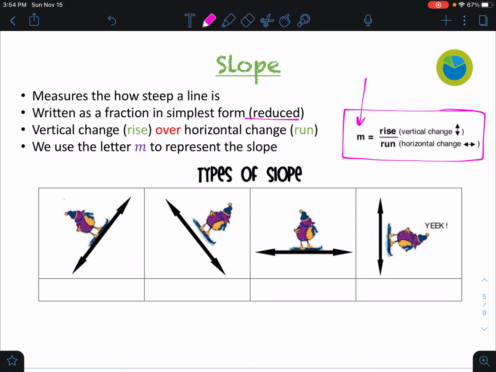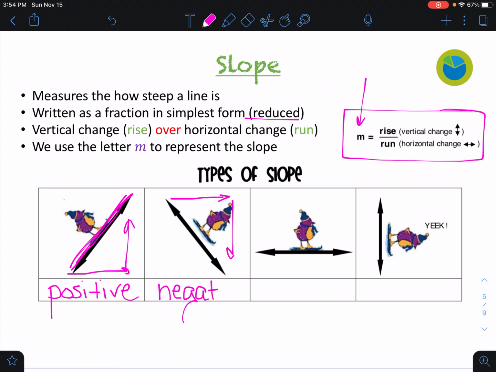Now we have 4 types of slope. This first one, reading from left to right, is going up. So this is a positive slope. Anytime you have a line going like this, you should end up with a positive number. This one, as you go from left to right, is going down. So this has a negative slope. This one has no change as you go from left to right.